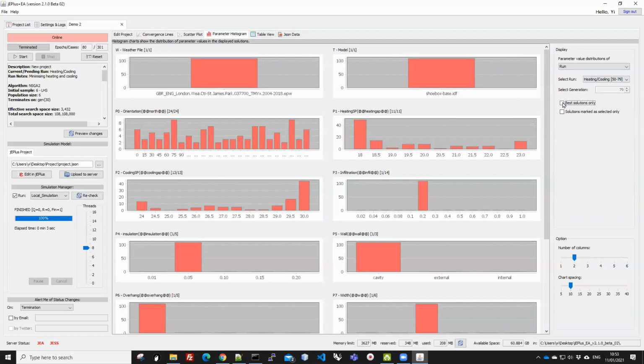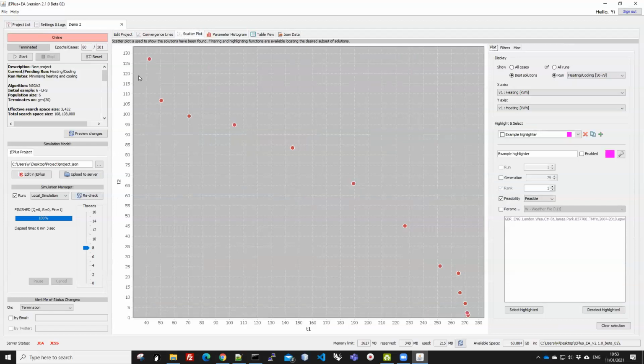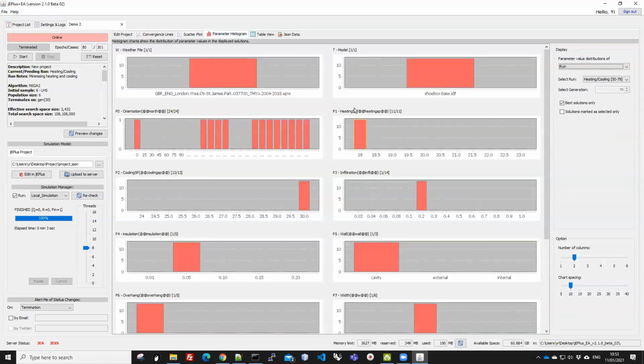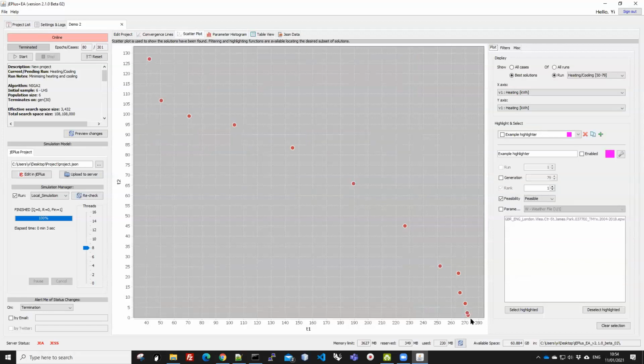If I only show the best solutions, so only showing this set of points, then we get a distribution like that. You see P1, that's the heating set point. All the cases have 18 degrees, and all the cooling set points are 30 degrees, whereas each point has a different orientation, and the different orientation gives us the spread of the points.